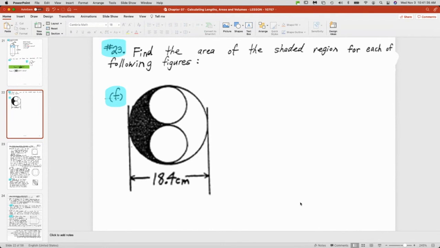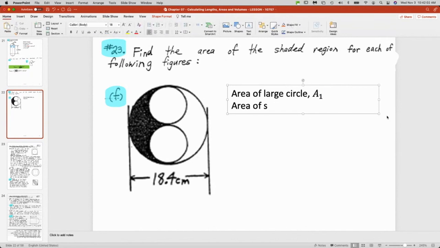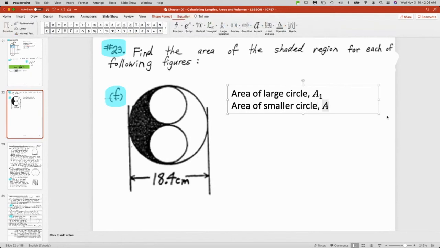It's hard to talk about it without using labels, but perhaps I can offer you a strategy without too many fancy words. How about area of large circle? Let's call the area of the large circle A1, and the area of the small circle A2. There are 2 of them, I understand, but I'm just calling them A1 and A2 for now.